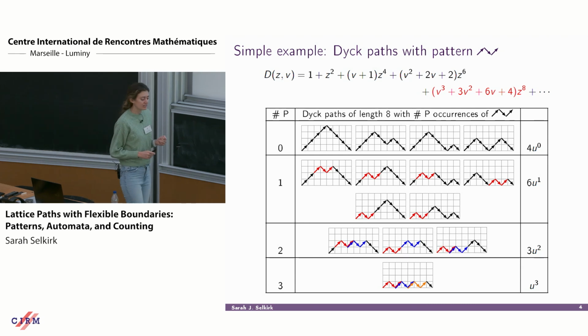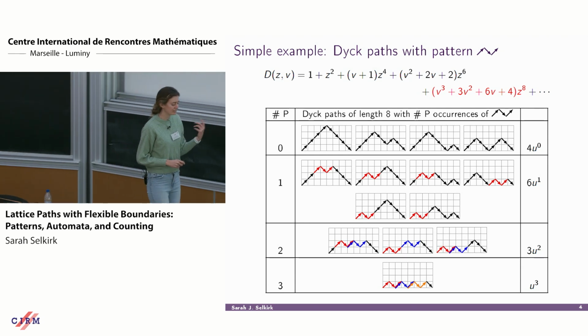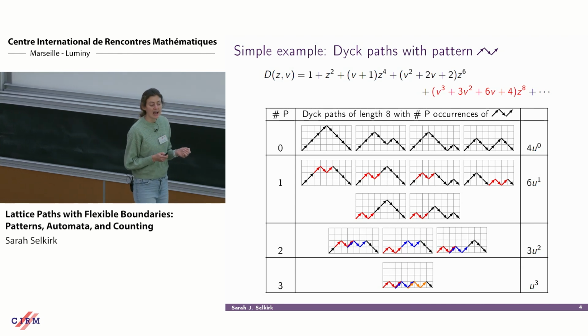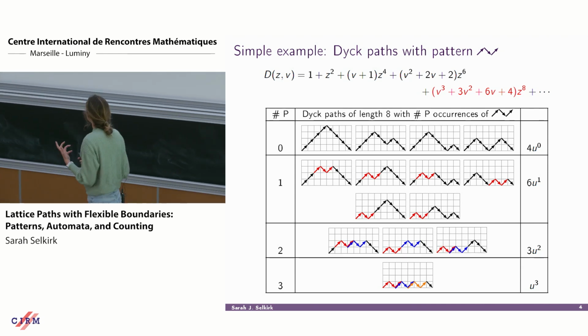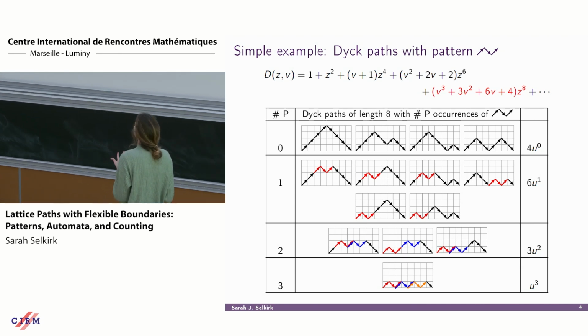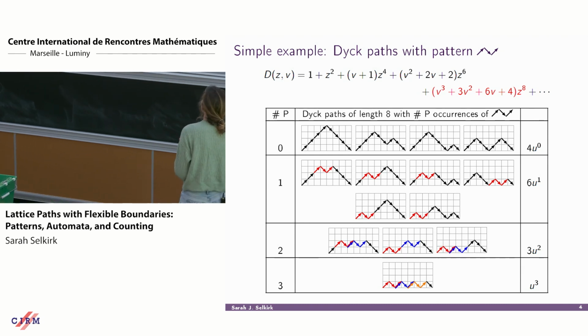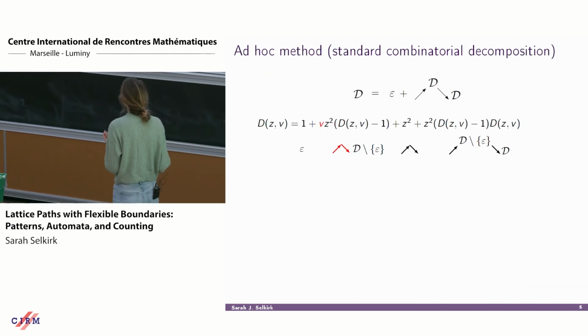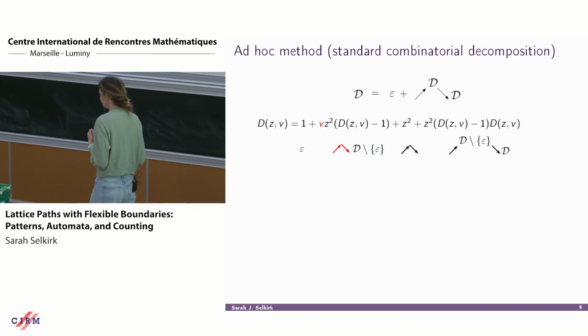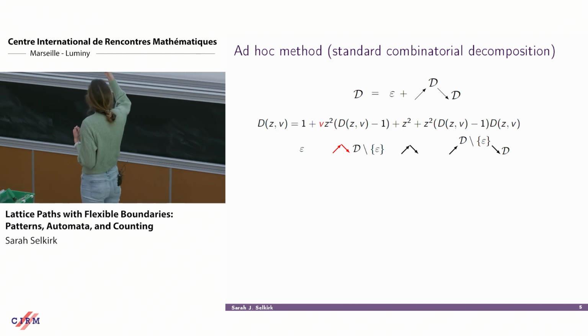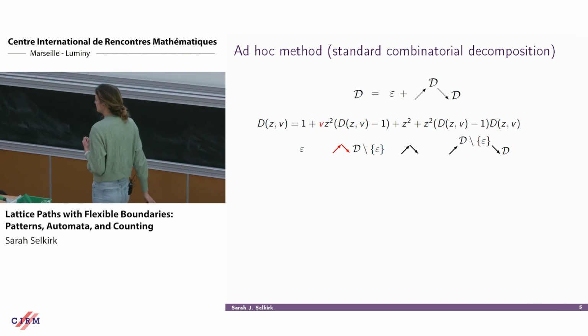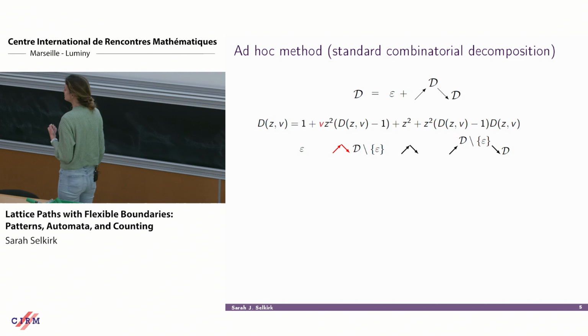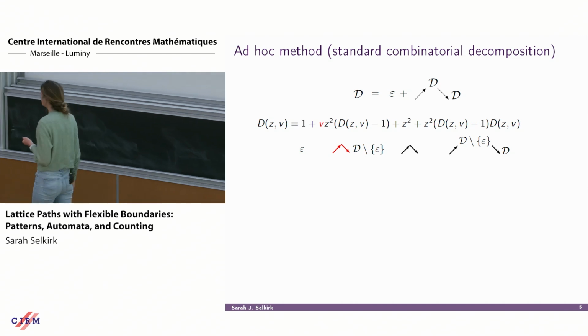And in general, if we gave this to undergraduate combinatorics students, they would be able to solve this type of problem by doing a nice ad hoc method. So we have Dyck walks, we have a standard symbolic decomposition for Dyck walks. What we can do is follow the pattern in this decomposition.